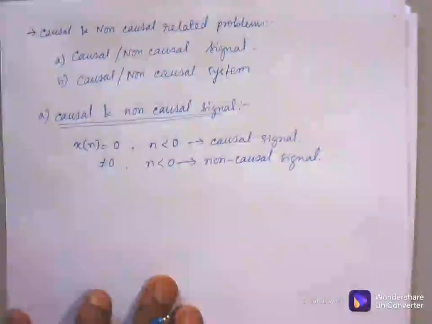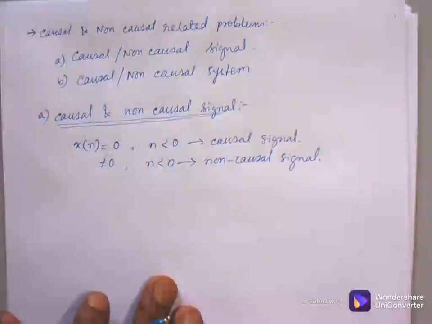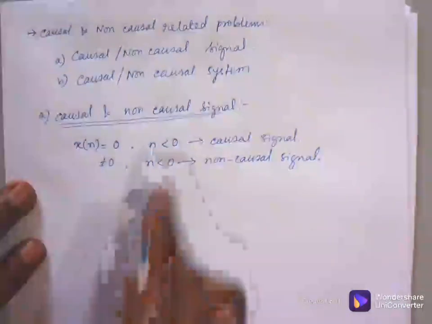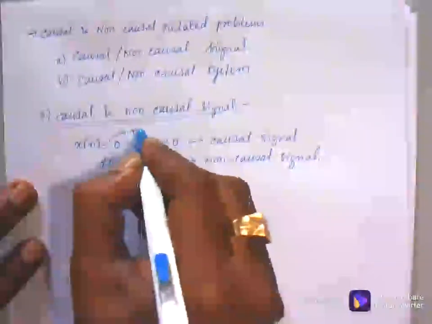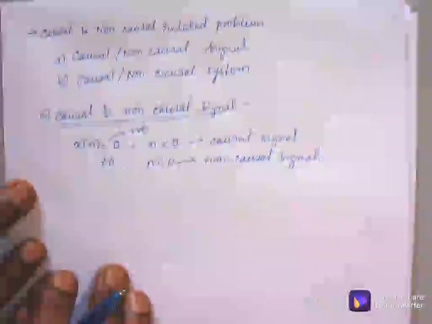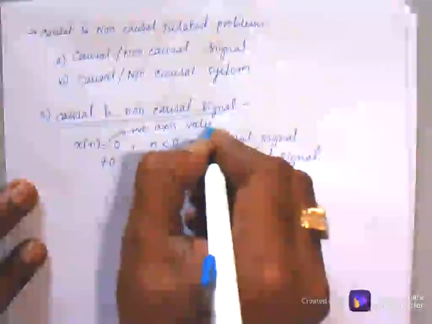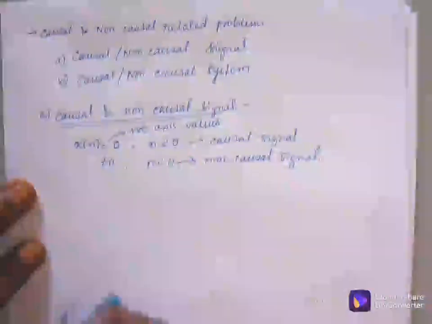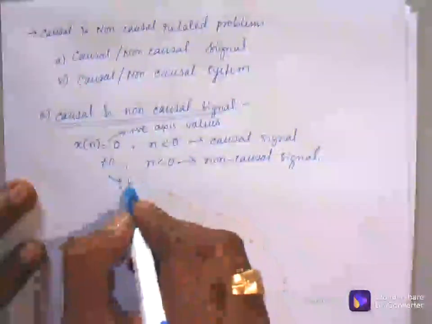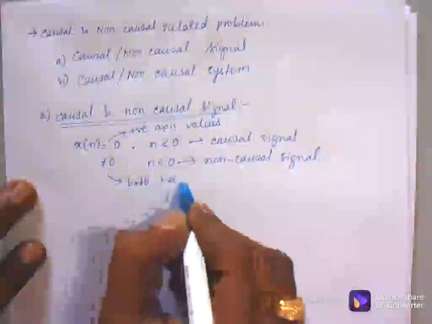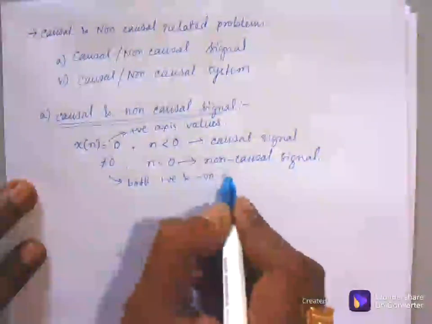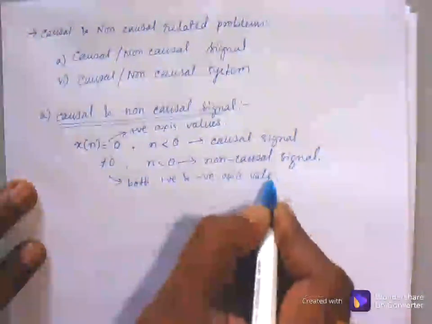Okay, so causal signal means that at n less than 0 the value of the signal is 0. That means it always deals with positive axis values, and a non-causal signal has both positive and negative axis values.